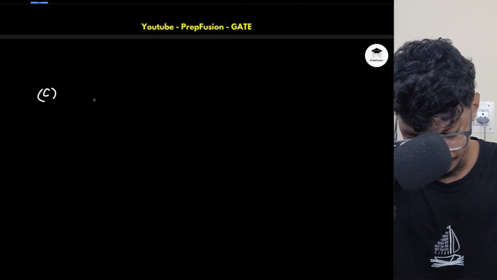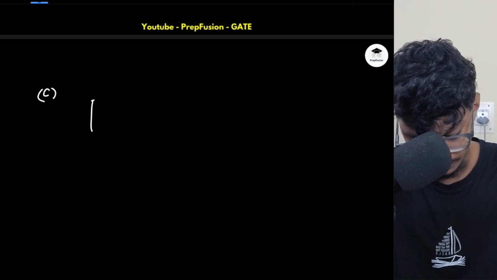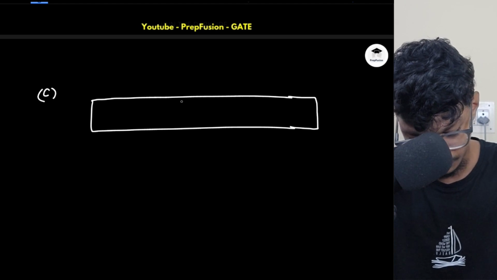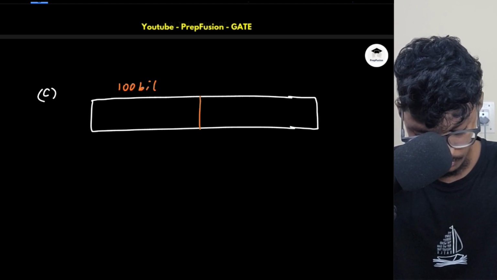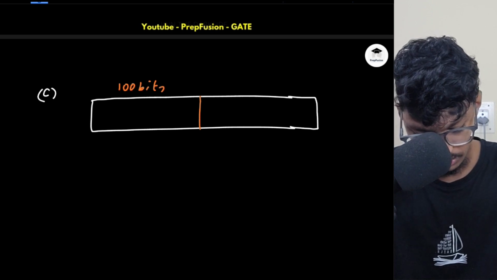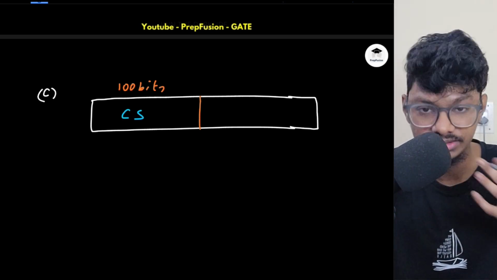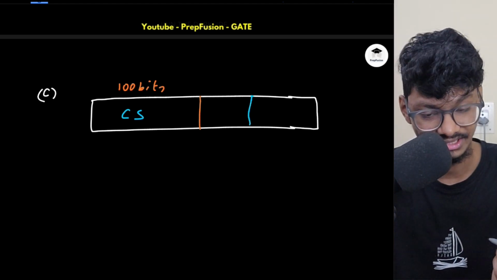So in a control word, the first portion, 100 bits, is gone for control signal. Now the next portion is for the mux select lines, right?